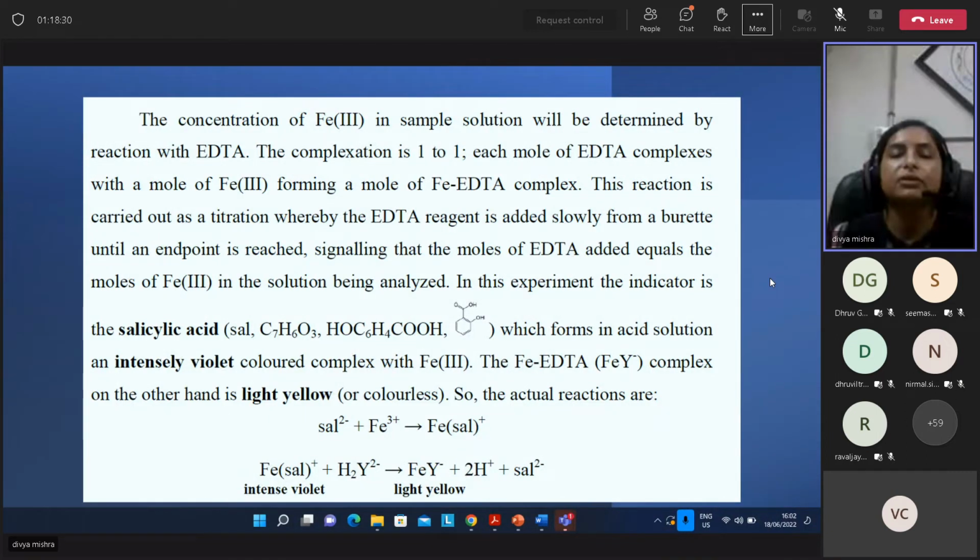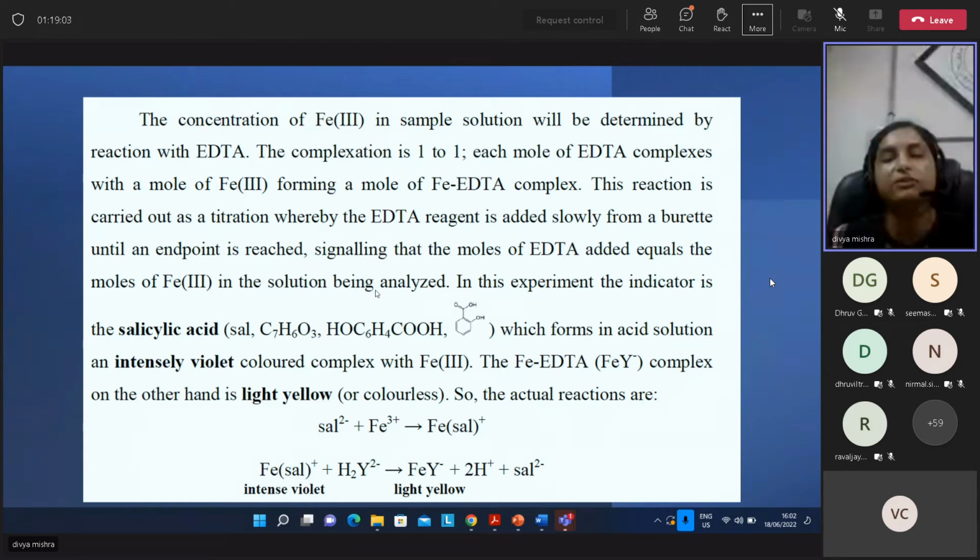Here we will very slowly and gradually add EDTA from the burette until we reach the end point. After reaching the end point, we will note down the amount of EDTA. We will take this as a signal and then calculate the moles of Fe plus 3 present in the solution.